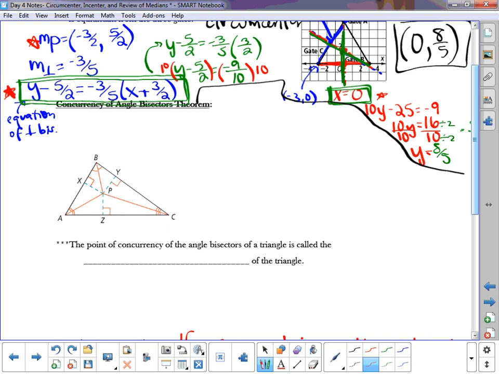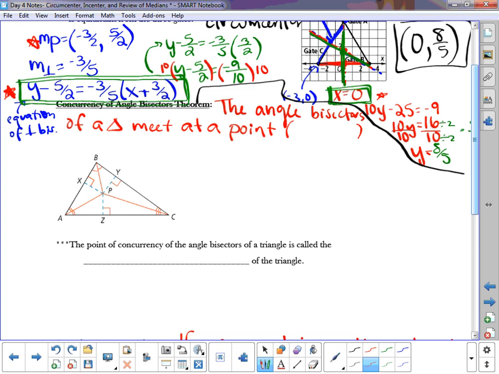The angle bisectors of a triangle meet at a point, and once again I'm going to leave empty parentheses, because we're writing what that word is in just a moment.